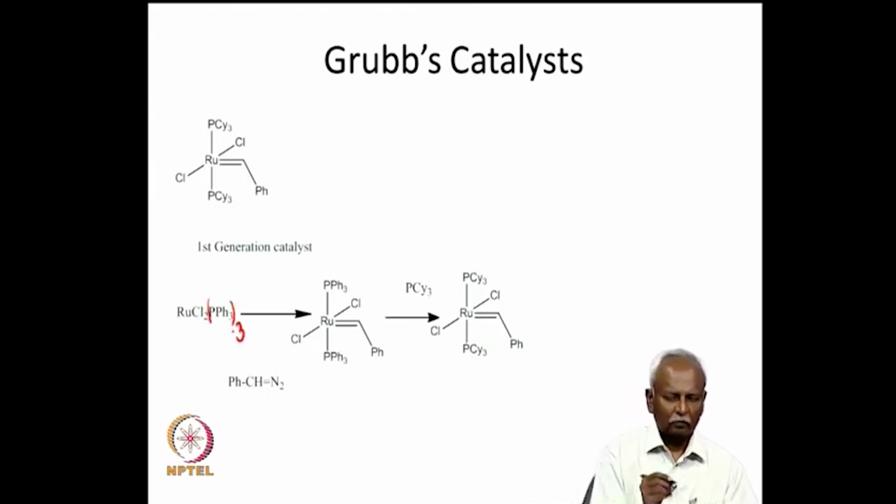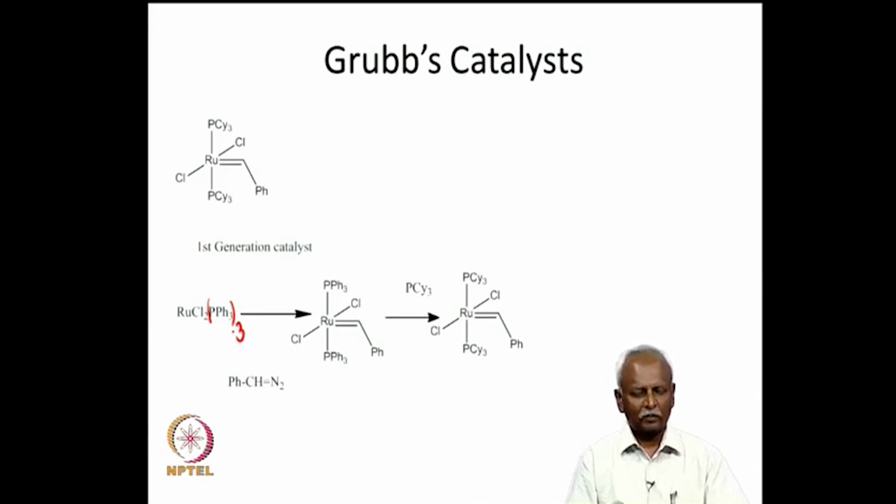In fact, RuCl2(PPh3)3 is the starting material, and this starting material can now be reacted with a diazocarbene precursor, and this leads to transfer of the carbene to the ruthenium, and this molecule is a stable molecule which can be isolated and characterized.